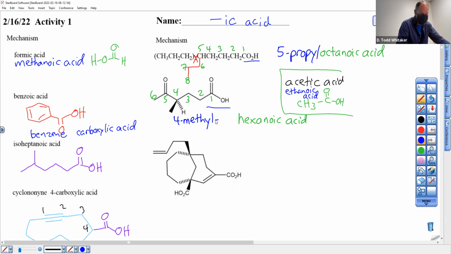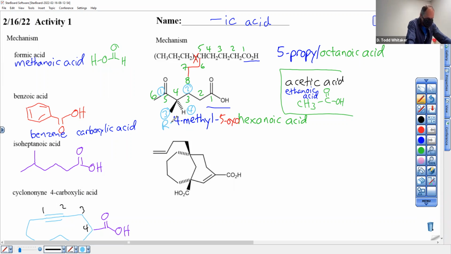Remember that? I hope so. 5-oxo hexanoic acid, and a stereocenter that is clearly got a carbonyl for 1, got a CH2 for 2, got a methyl for 3, hydrogen already on a dash for a 4, it's R.